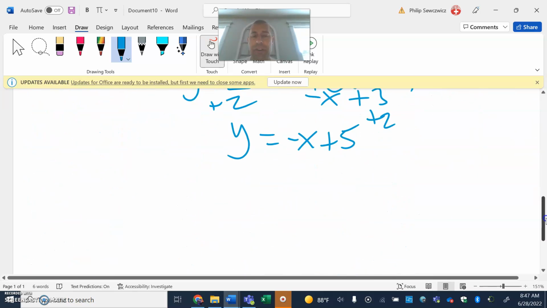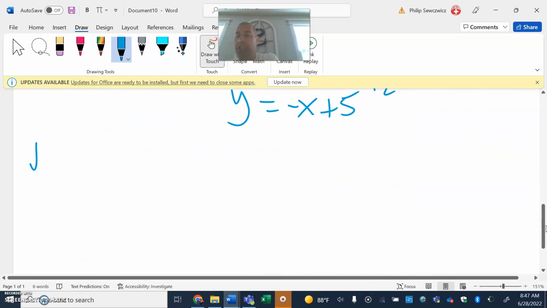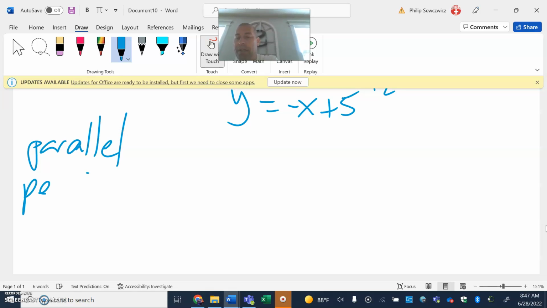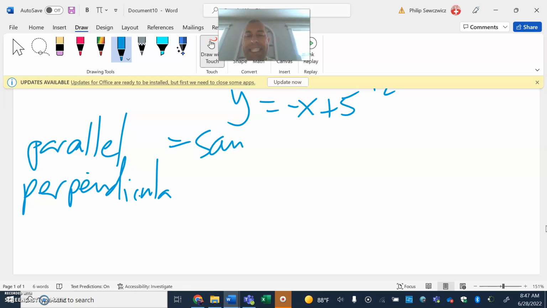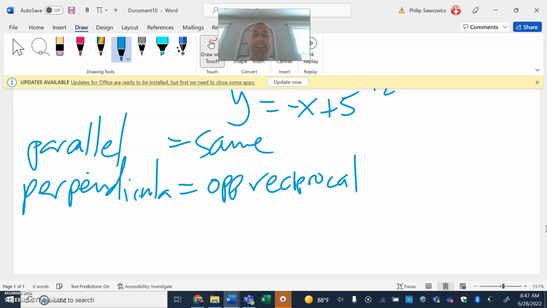Let's show you 2 other things that come up with your slopes. We want to talk about parallel, and we want to talk about perpendicular. The big thing here is when slopes are parallel, they are going to have the same slope. If they're perpendicular, we're going to take the opposite reciprocal. And remember, reciprocal is our fancy mathematical word that means we flip the fraction. So let's give you something here.